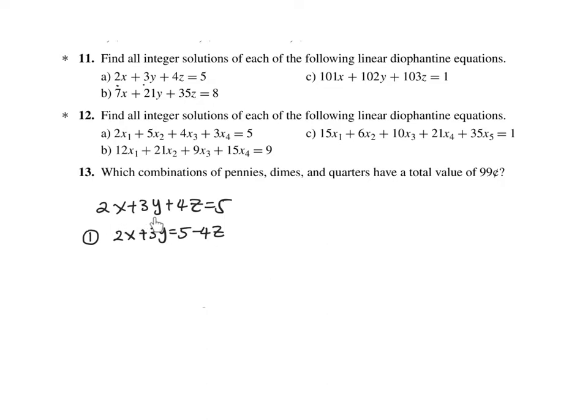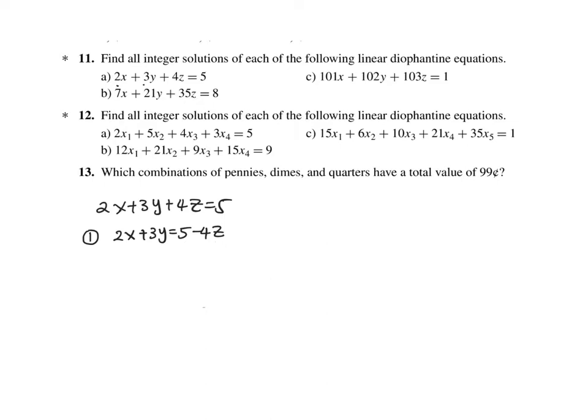So first of all, I try to reduce this equation into a 2 variable equation. That's why you see on the left hand side there are 2 variables, x and y. I try not to pick 2x and 4z, because the greatest common divisor of 2 and 4 is 2, which is not as nice as the way that I chose. So I leave 2x plus 3y on the left side and move 4z to the other side.